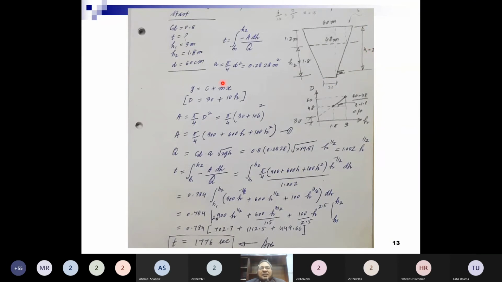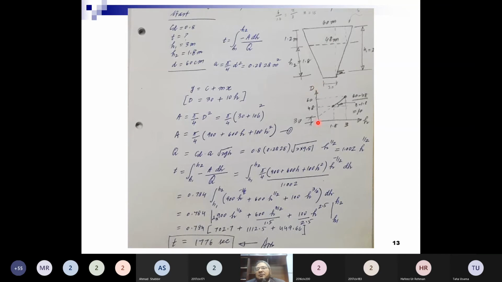Now this is the main equation. First compute the area of the orifice, and that is 0.283 square meter. You will get the orifice here or here, doesn't matter. Then write the equation of diameter in terms of h, which is the head over the orifice.